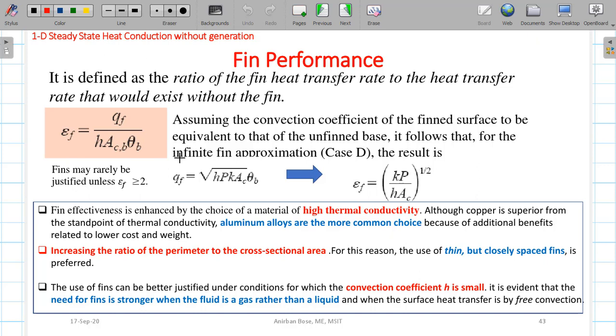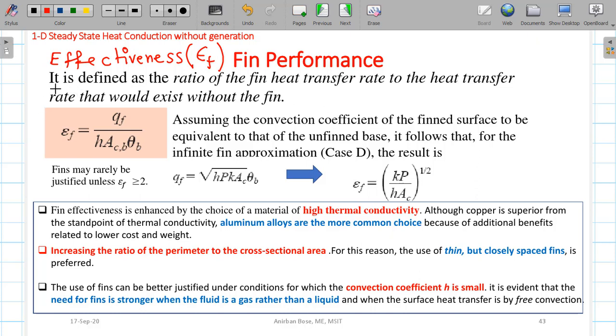So first we will see the fin effectiveness, which is symbolized as epsilon f. The definition of fin effectiveness has been given here.